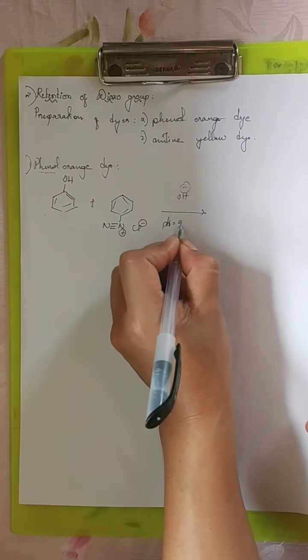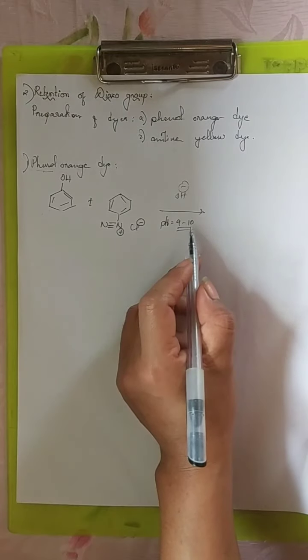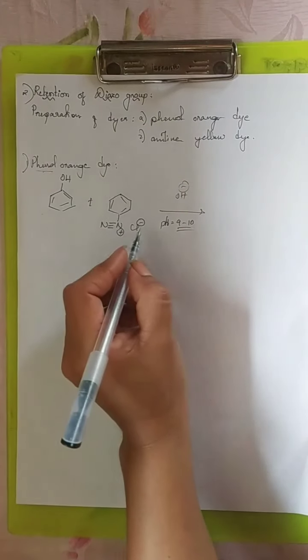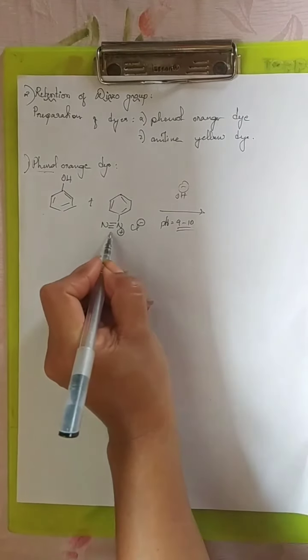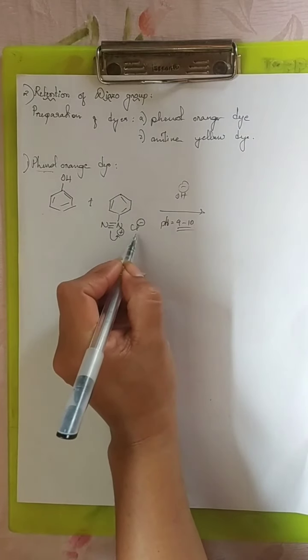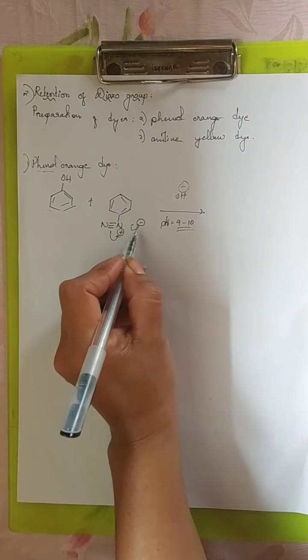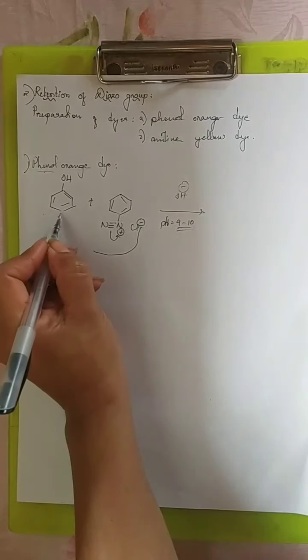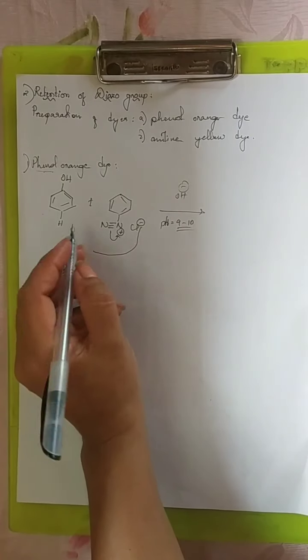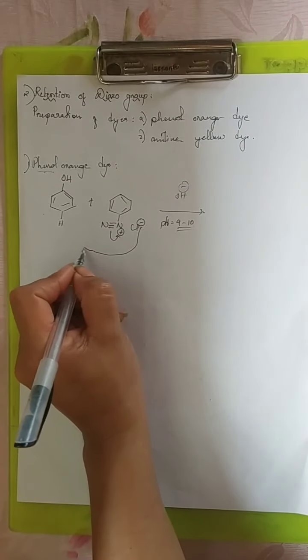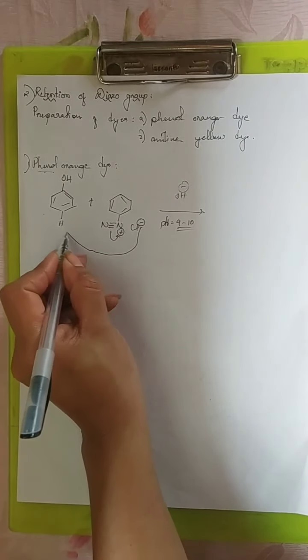Therefore, from the pH we see that the reaction is in a basic medium. Now, when this pi bond breaks, it adds up to the nitrogen atom, the chloride ion. Here we know that there is a hydrogen atom here. Therefore, this comes and attacks with this.